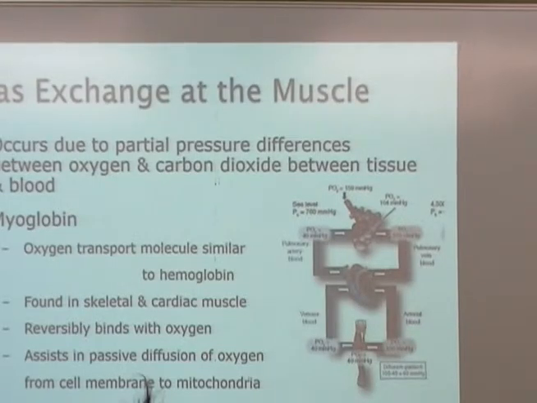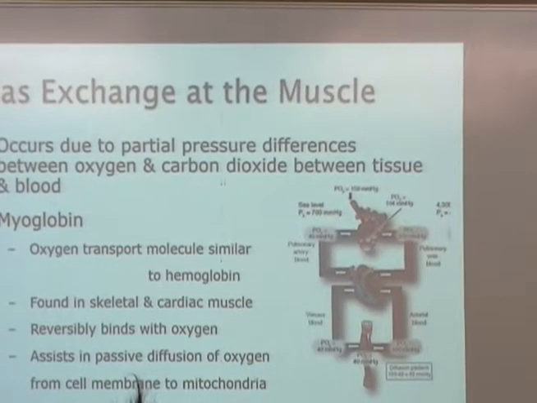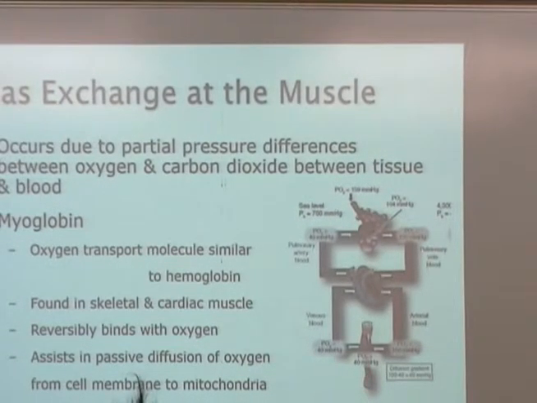Where do I use the oxygen in the muscle cell? Where do I make the most amount of ATP in the muscle cell? Where does system 3 occur? The mitochondria. Thank you. All right.